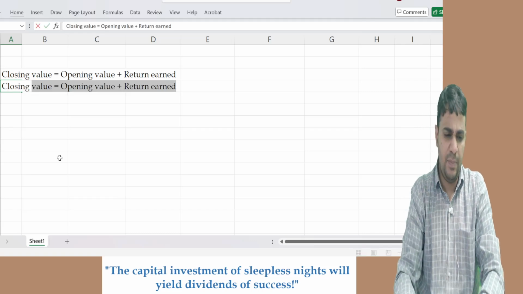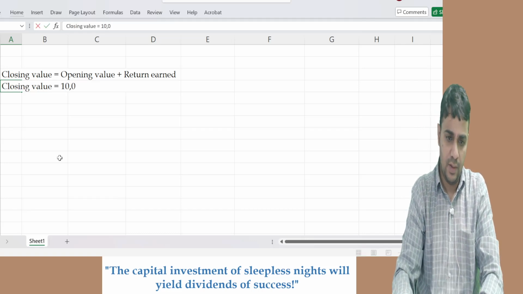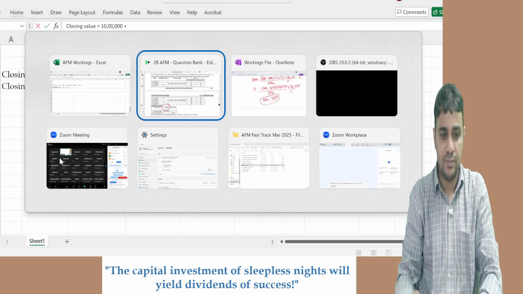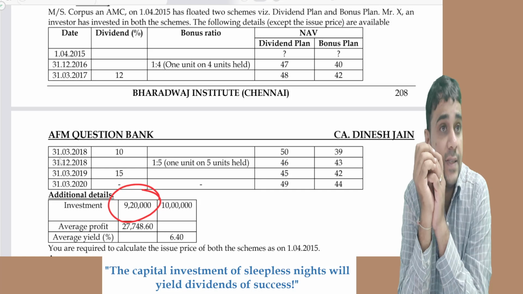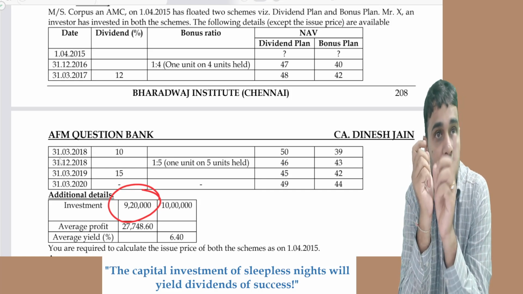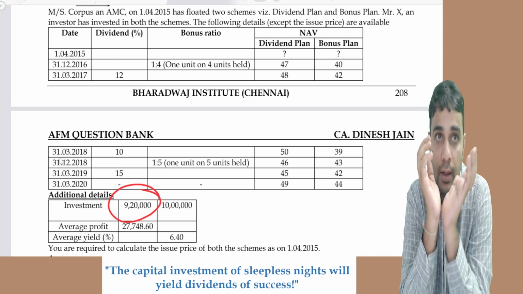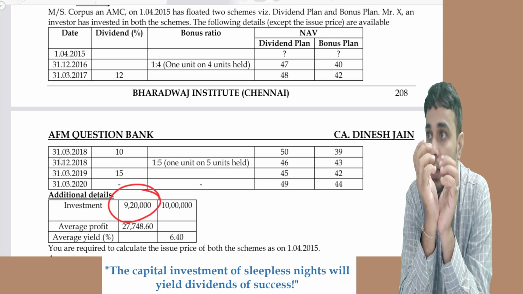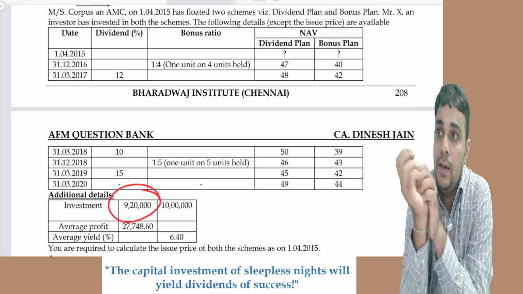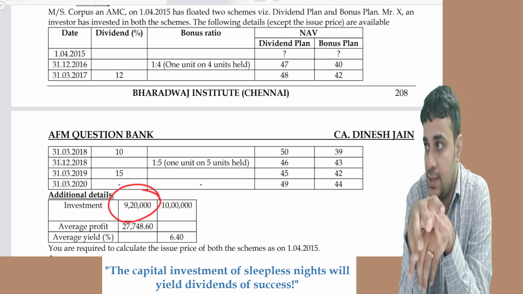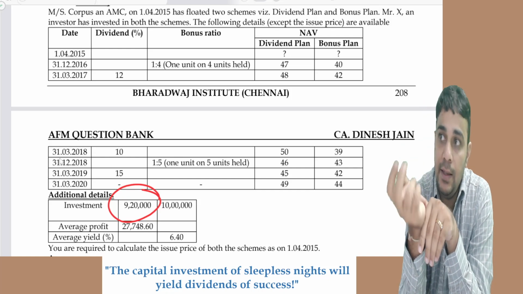How much is the investment made? And what is the return they are mentioning? Average yield 6.4% for a year. Over 5 years, you will earn 32% on your investment. Last time, instead of giving the percentage, they gave rupees for the last situation. Here they have given the number.